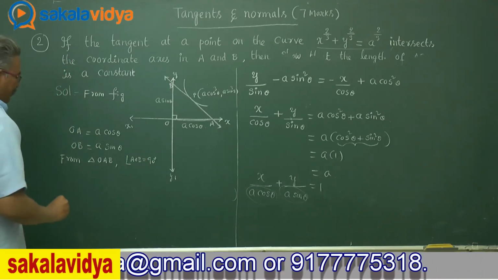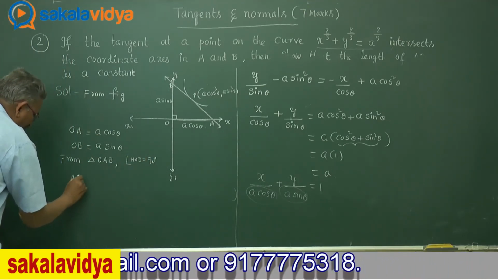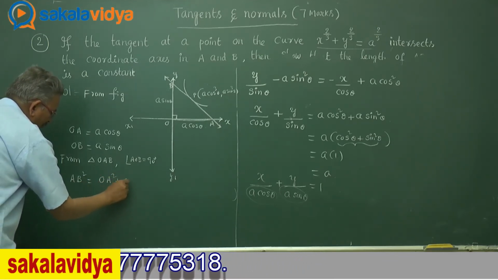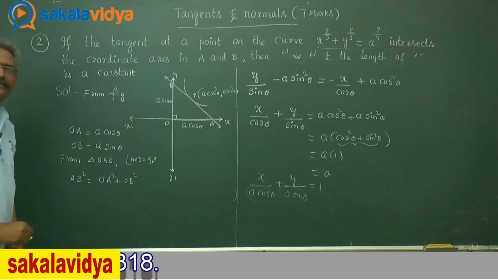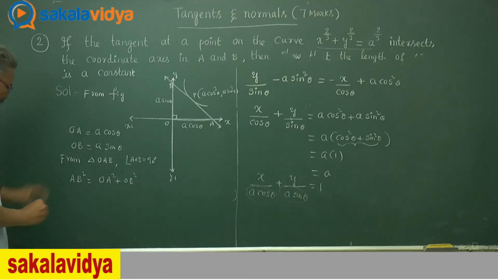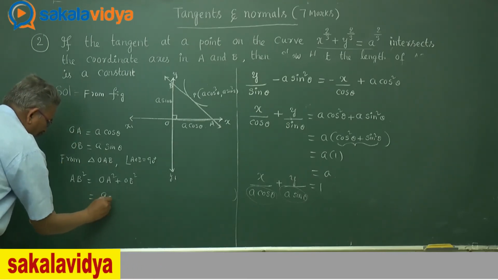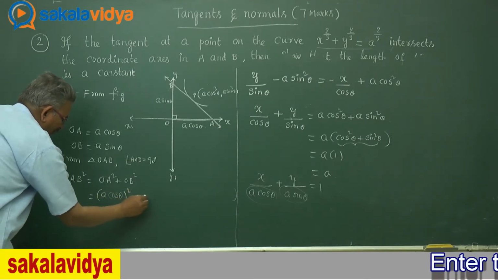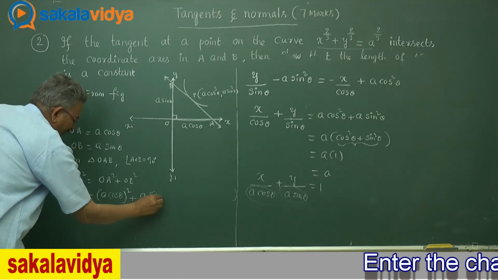Applying the Pythagoras theorem, AB square is equal to OA square plus OB square. Am I correct? OA square means we get a cos theta whole square, and OB square means a sin theta whole square.